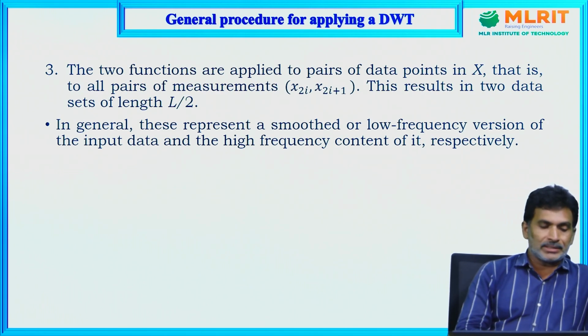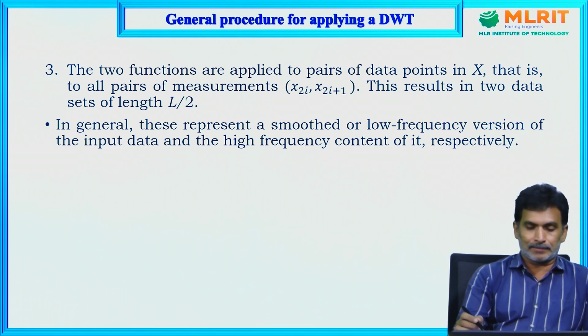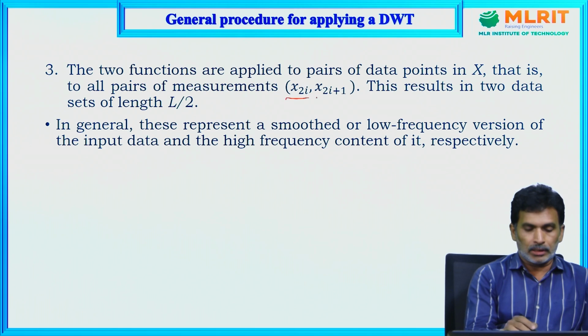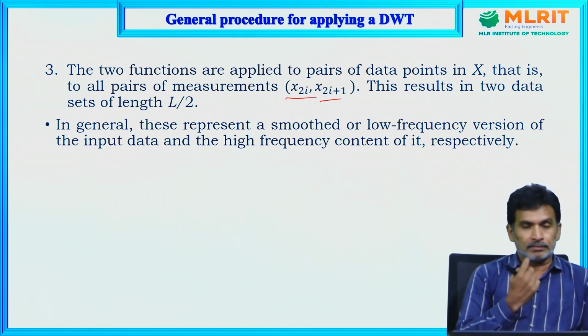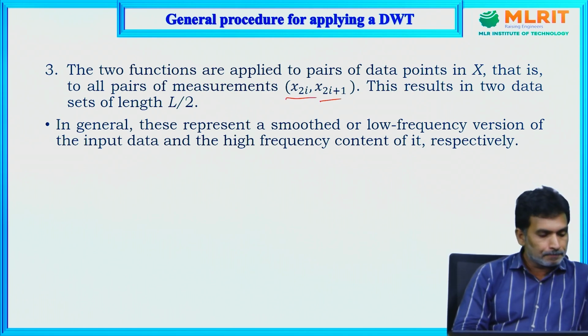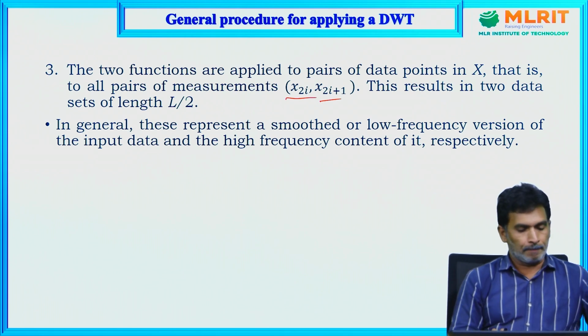Third step, the two functions are applied to pairs of data points in X, that is to all pairs of measurements x_2i and x_2i+1. This results in two sets of length L/2. In general, these represent a smooth or low frequency version of the input data and the high frequency content of it respectively.